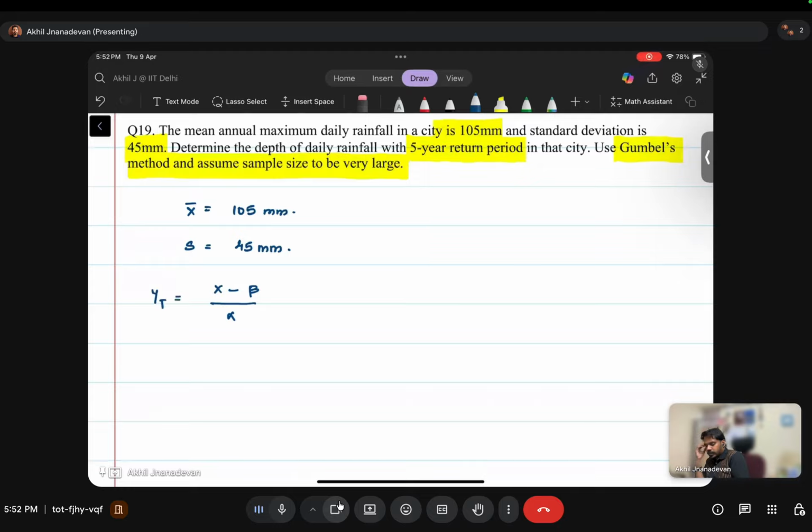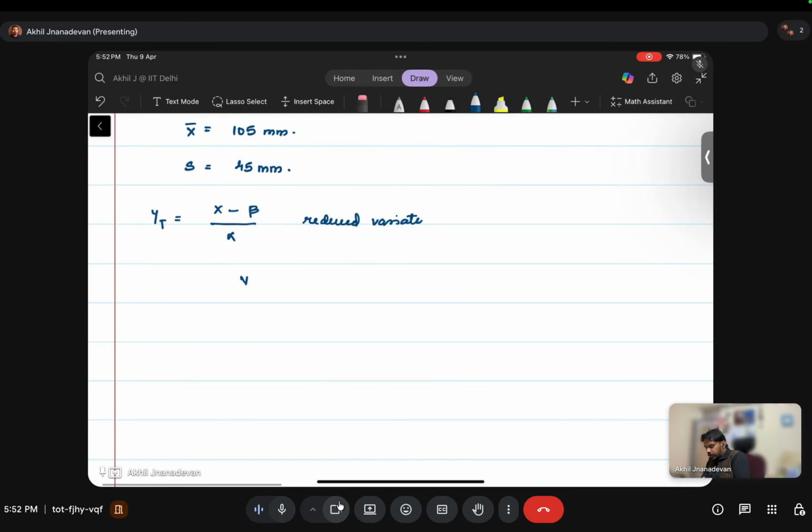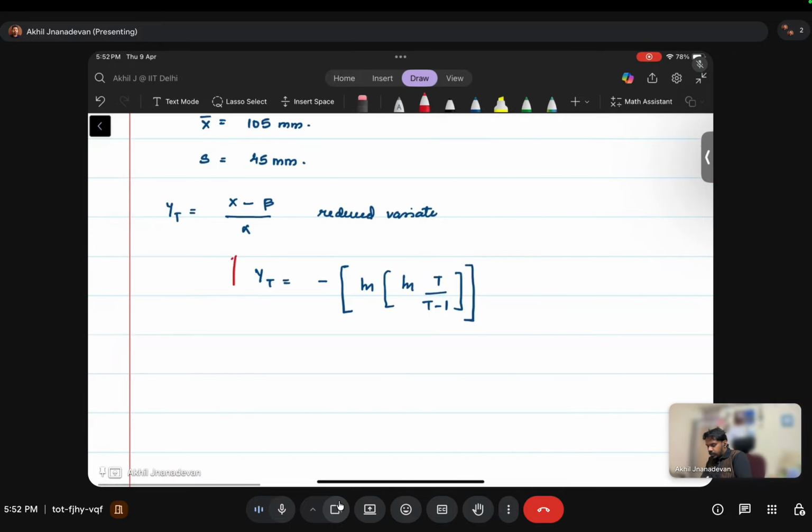This is called the reduced variate, similar to what we did in the normal distribution when we reduced it to a standard normal distribution. Then there is a relation we derived of YT with the return period: YT is equal to minus of ln within brackets ln of T by T minus 1. This is the relation we derived for the Gumbel distribution.